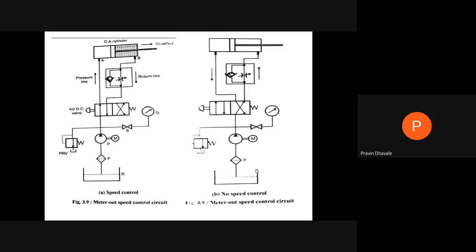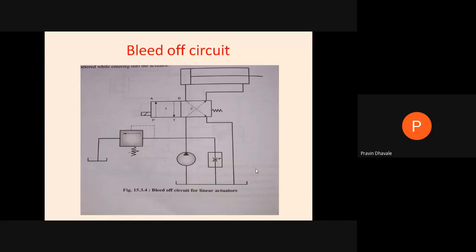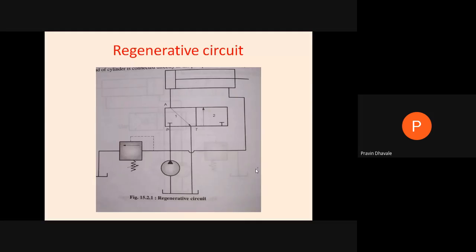We see all the diagrams related to the bleed-off circuit. Then the regenerative circuit. In all the circuits we studied previously, that is meter-in, meter-out, and bleed-off, whatever the discharge from the cylinder is drained directly to the reservoir.